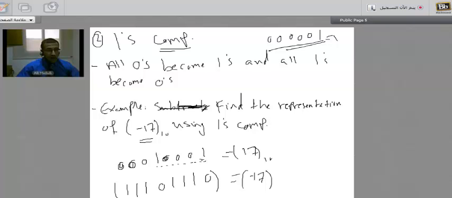Bearing in mind that this is just a bracket, and this is the minus sign. As I said to you, the sign is always the bit that is the very far left of the number. So this number here equals minus 17 in decimal.